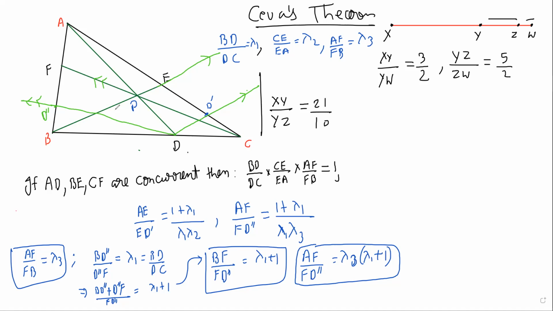Yes, I think that's a good reason. Basically, we know how much YW is compared to XY, and we know how much YZ is compared to YW. So we should know how much YZ is compared to XY, in a ratio sense or any other sense.